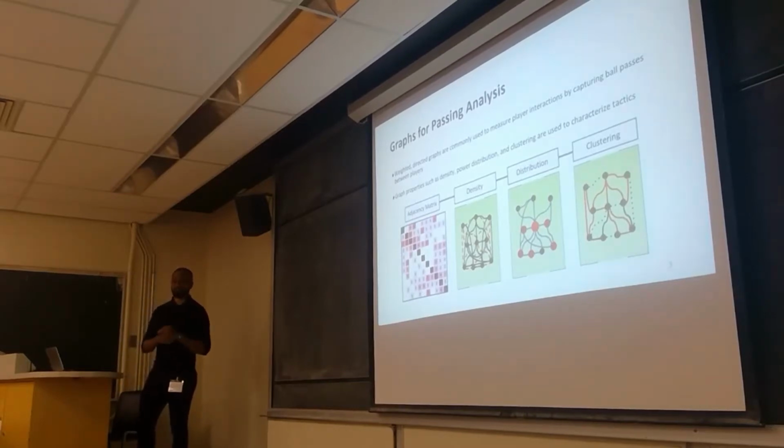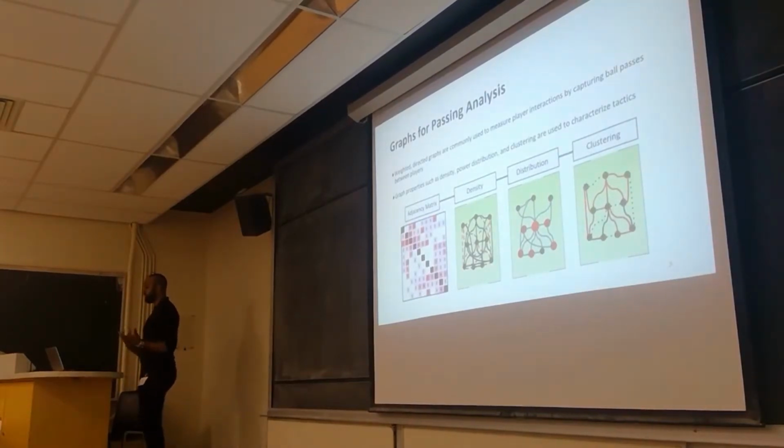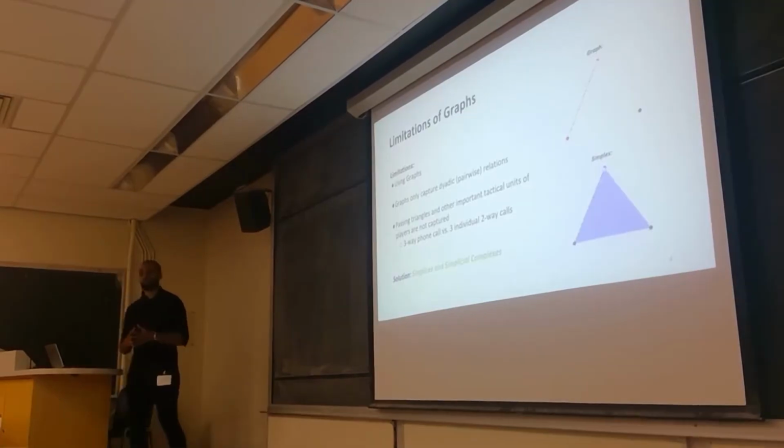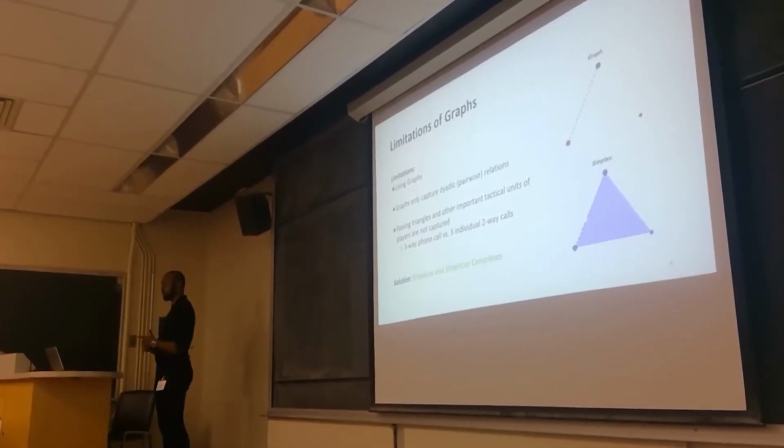So just very briefly, density might tell you the number of connections being made within the team, distribution, how evenly distributed is the passing, and clustering might stylistically describe, okay, are these passes being formed in triangles or cycles or in chains? Graphs only capture pairwise or dyadic relations.